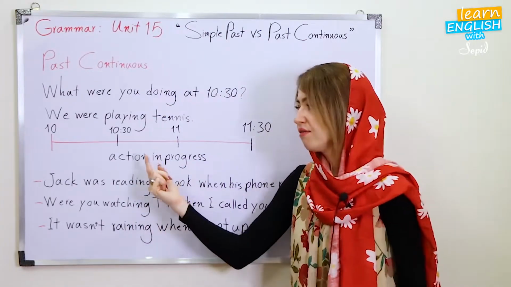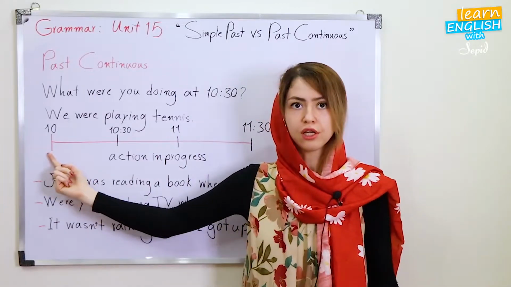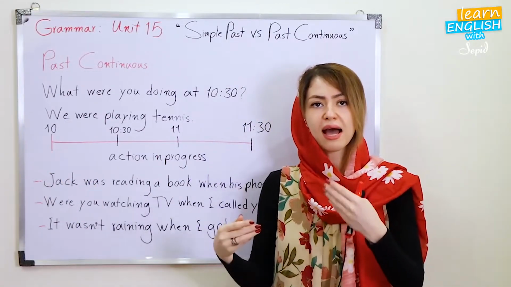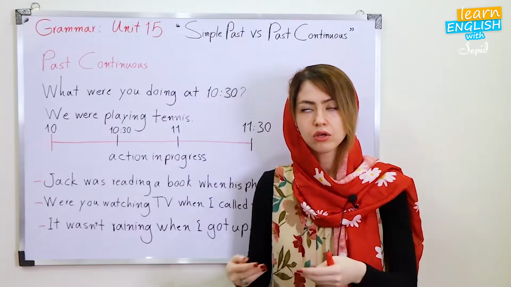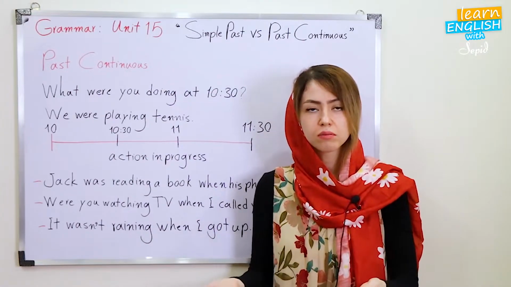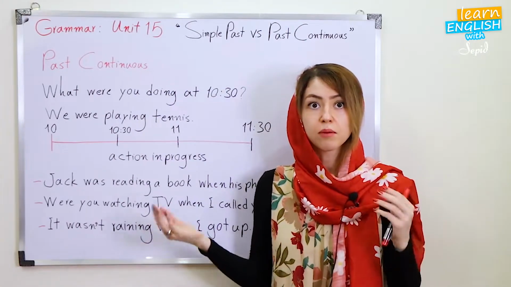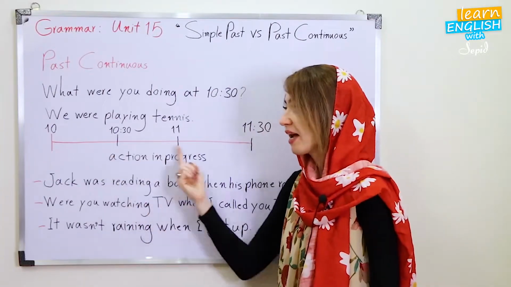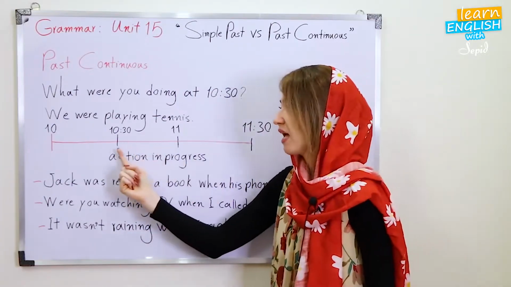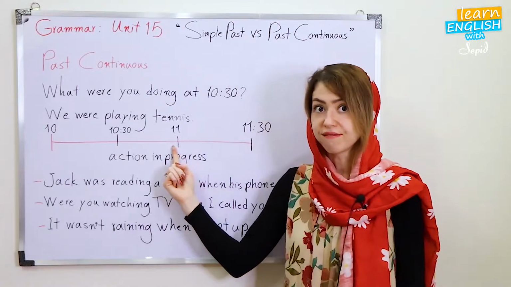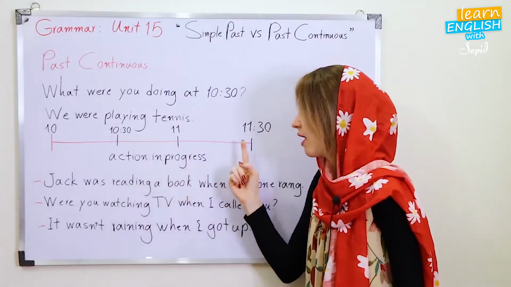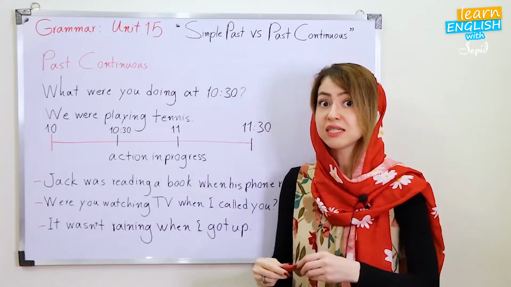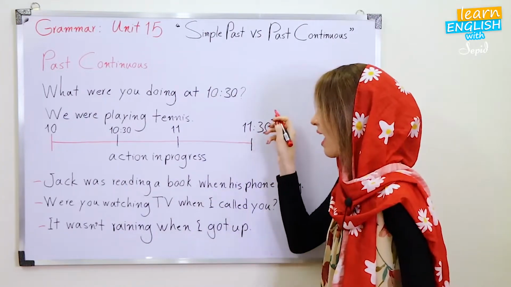In this case, when you want to start an action, you can just use the simple past. You can say, we started playing. But if you are in the middle of the action, 10:30, 11, these are the middle of the action. And the end of the action is not important at all.